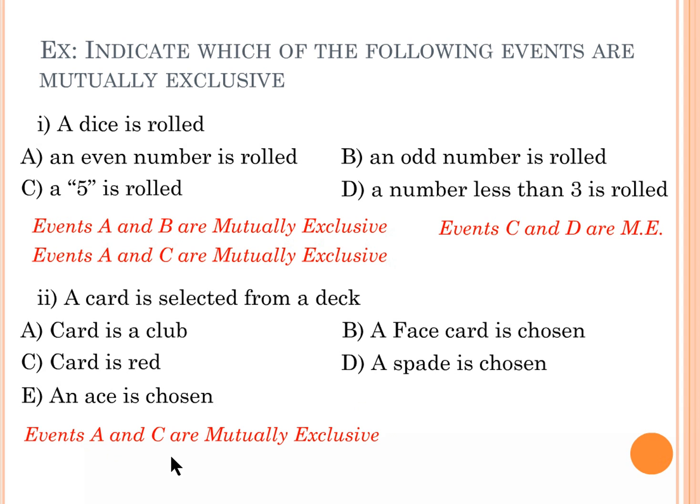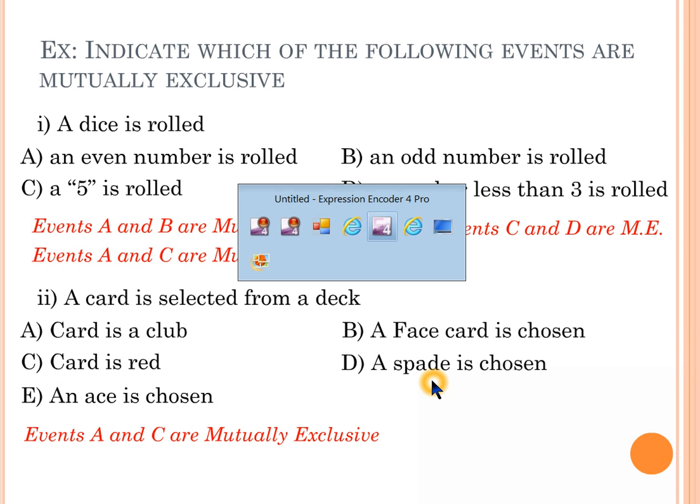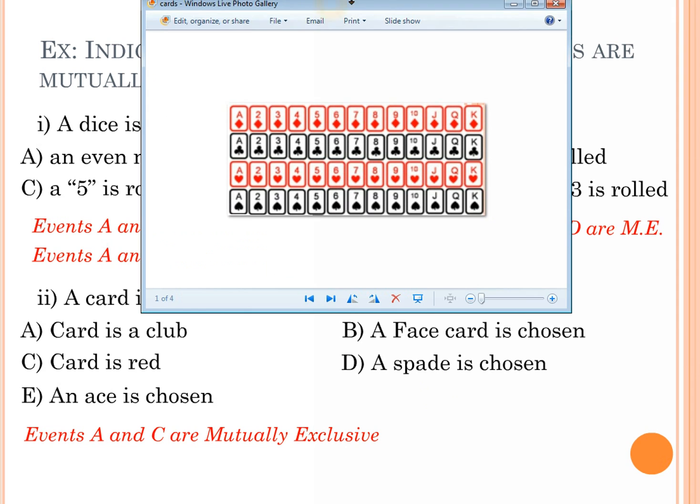So events A and C are considered mutually exclusive. A card is a club and a card is red. It's impossible to have these two situations happening at the same time. And let me just bring out the deck of cards right now. All right, so here's my deck of cards.